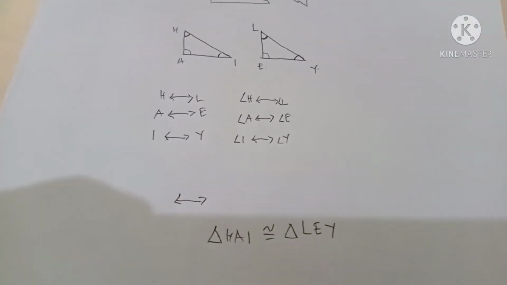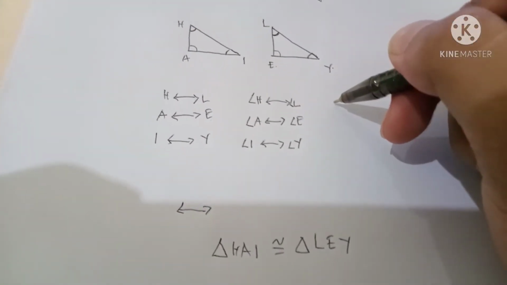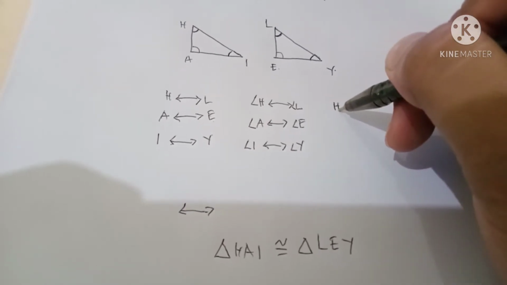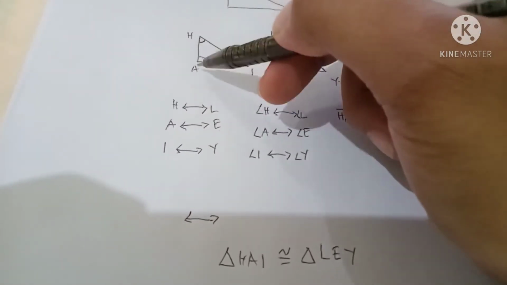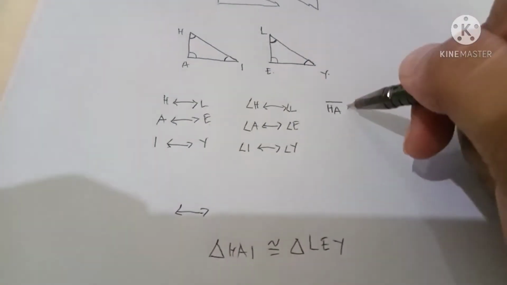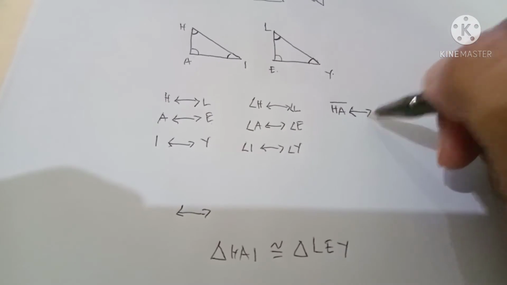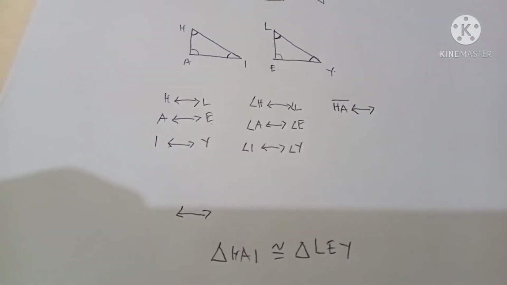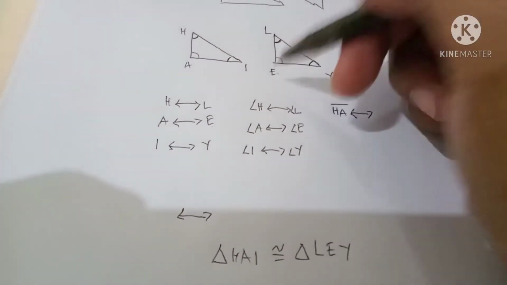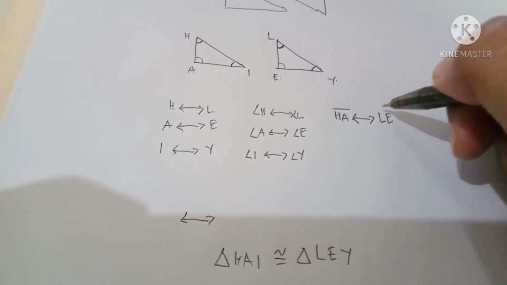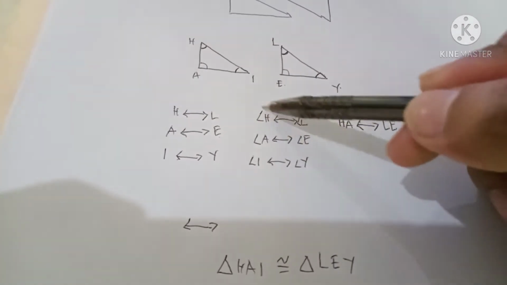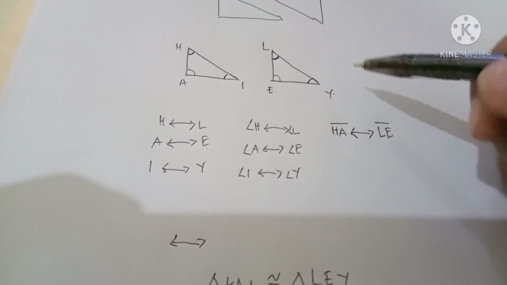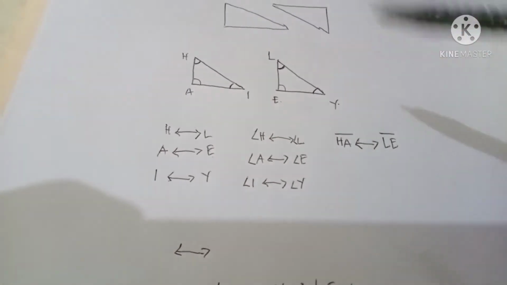Okay, let's talk about the sides. Okay, side HA corresponds to which side? Side LE. Okay, so this denotes the angle, and this line denotes a line or a side.